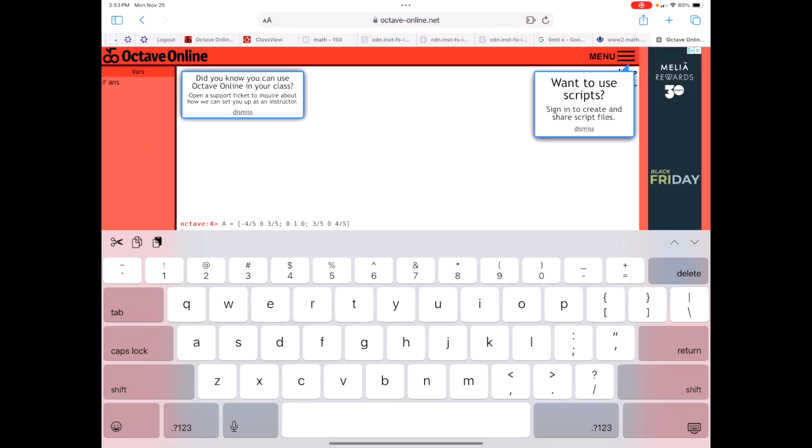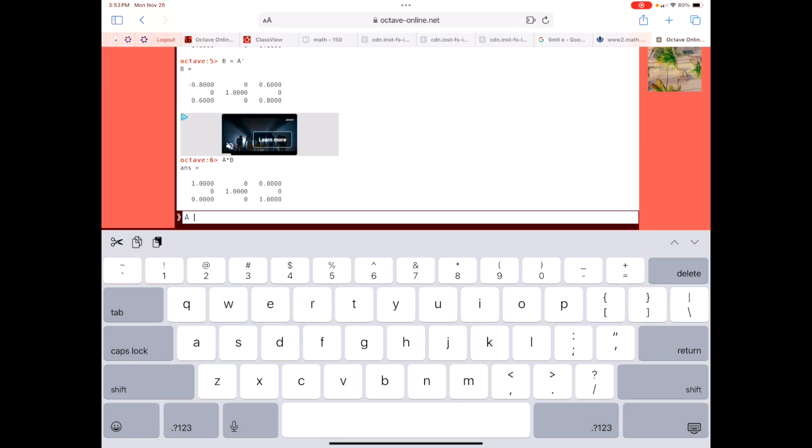And so we'll have A equals, and this is not the A from our problem, by the way. A equals 2, negative 1, negative 1, new row, negative 1, 2, negative 1, new row, and negative 1, negative 1, 2.